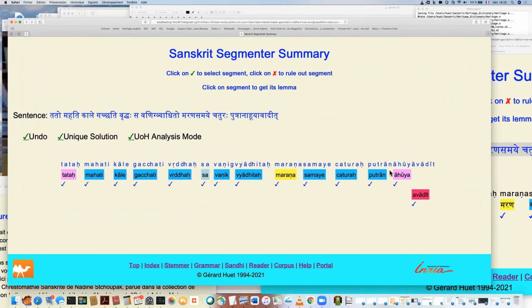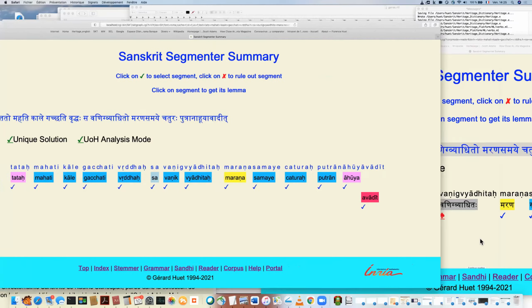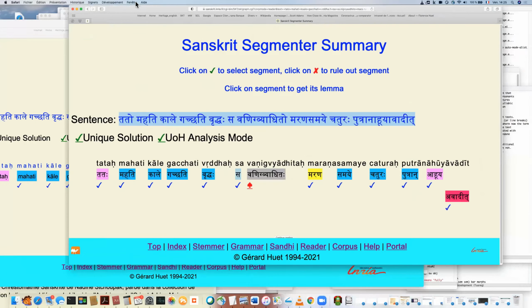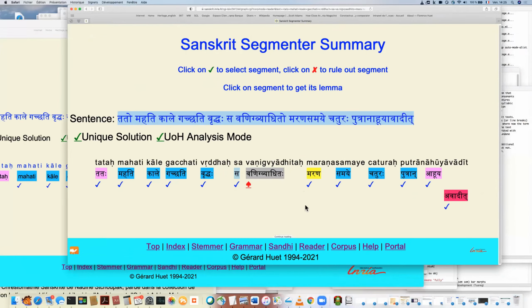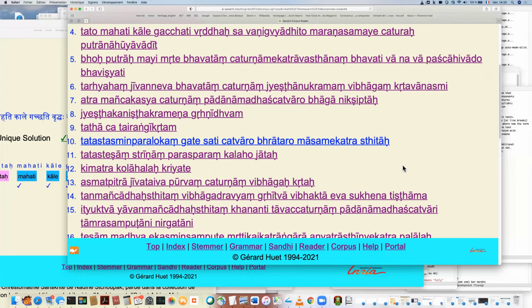At his deathbed, he called his four sons and he told them. So you see, if you're a total beginner, then it will take you a long time to click on the dictionary and so on. But this story is pretty good for beginners because it introduces a lot of usual vocabulary.